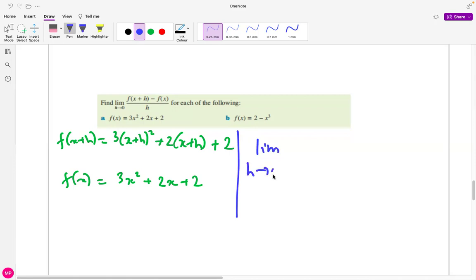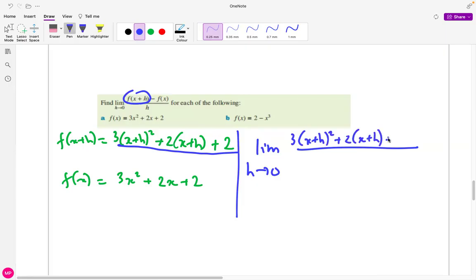So limit of h approaching 0. f of x plus h is a whole bunch of things here: 3 times x plus h squared plus 2 times x plus h plus 2. And then minus, so you have the minus in the middle, and then you do f of x, which is the whole thing here, 3x squared plus 2x plus 2, over h. Now we simplify.